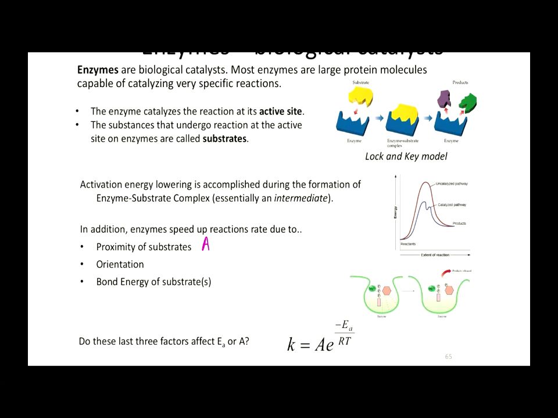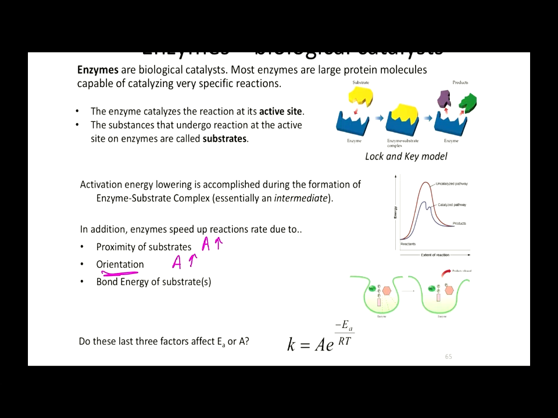So how a body enzyme works, brings the things together, you improve A. That's how you make the reaction go faster. Enzymes also speed up reactions because of orientation. It puts the substrates in the right orientations to improve collision. So this also improves A, the collision frequency factor.